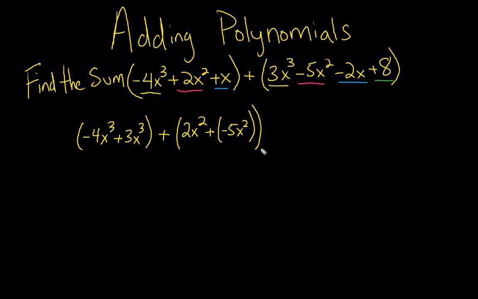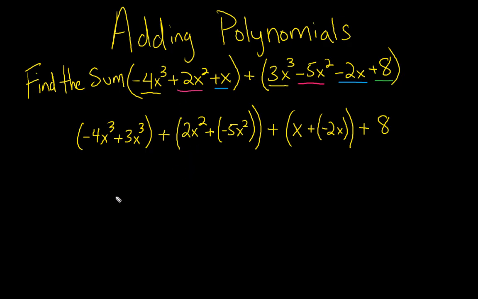And I'm just going to write in some extra parentheses here just to keep us organized with our signs, so that when we are doing our arithmetic we don't get confused. And then of course we have this singular x to the first power, and we're going to add to it a negative 2x. And then finally at the end we have our constant 8, which doesn't have a like term here. There are no other constants, so there's nothing to combine it with.